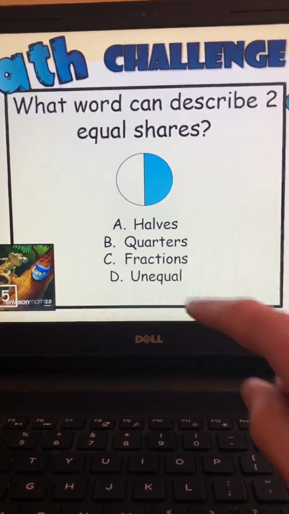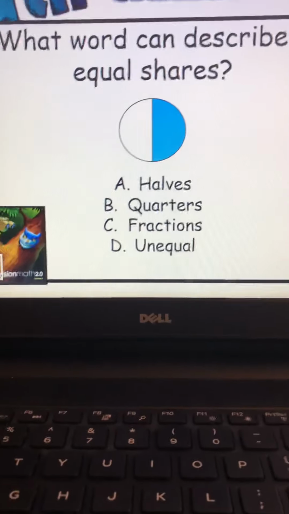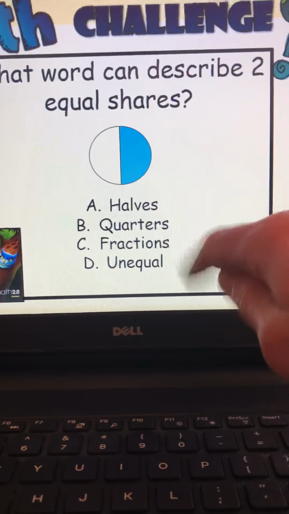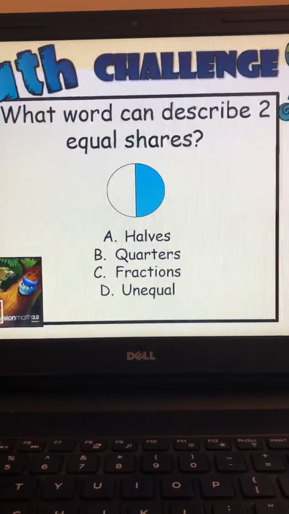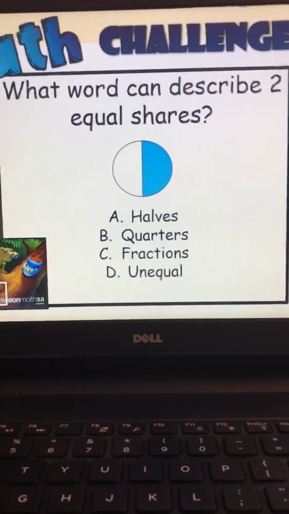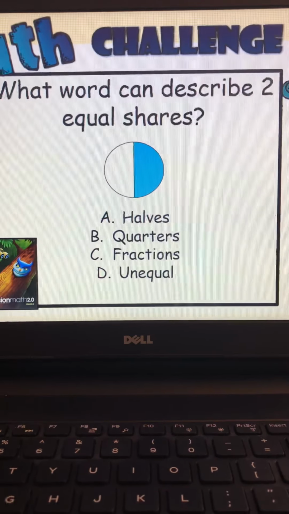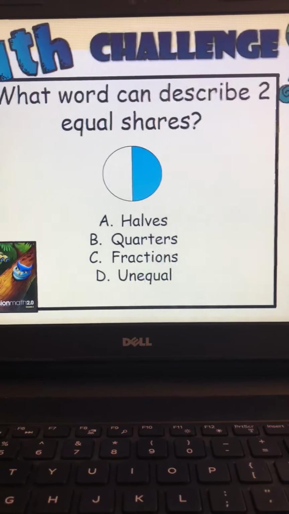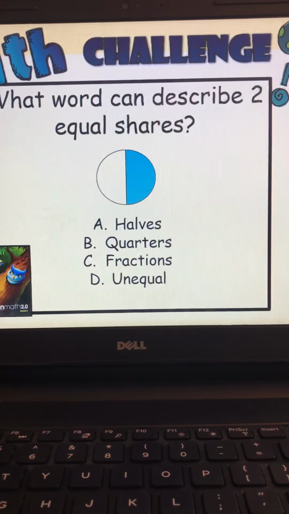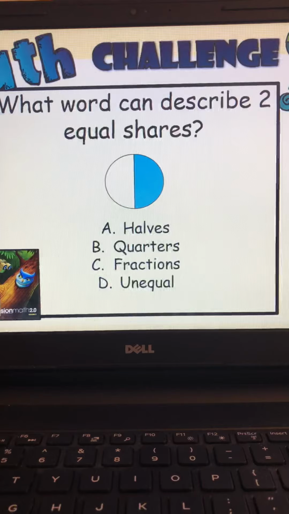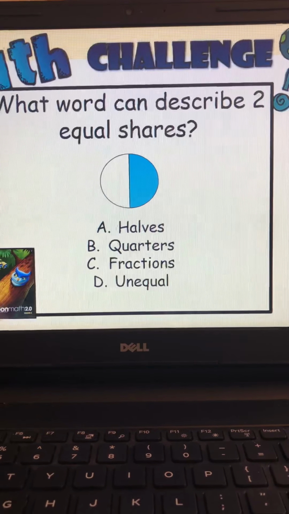Halves means 2, which would make it A. Remember, quarters means that there's 4, kind of like 4 quarters make a whole dollar. Quarters means 4. Fractions just means that you're taking something and dividing it up into equal pieces.